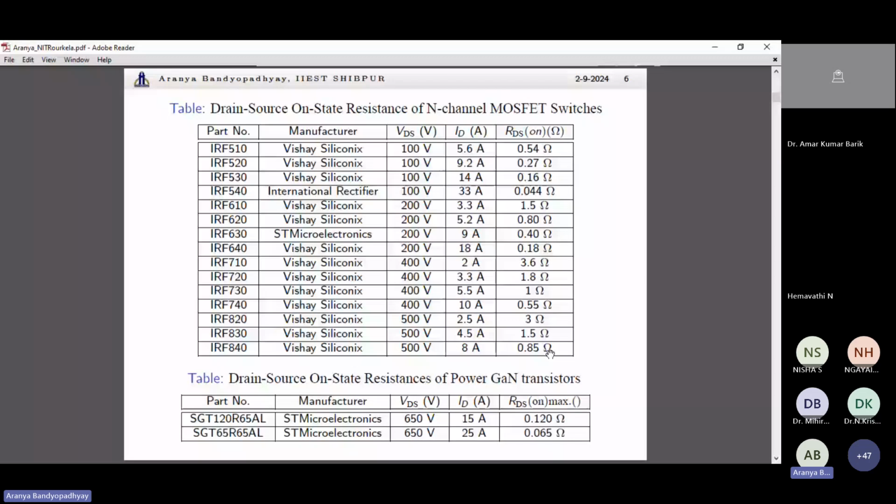Then these things are going to pose a huge problem when you tally your predicted result with the actual result. Similarly, you can see these are the drain source on-state resistances of gallium nitride transistors, which are now basically coming into place.